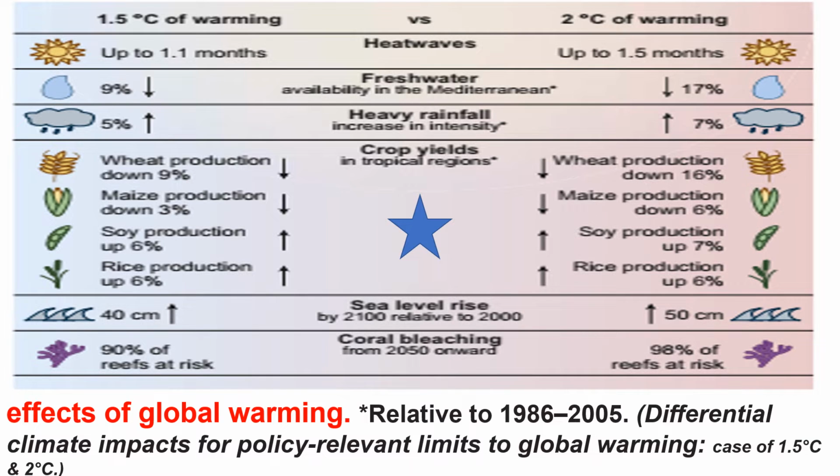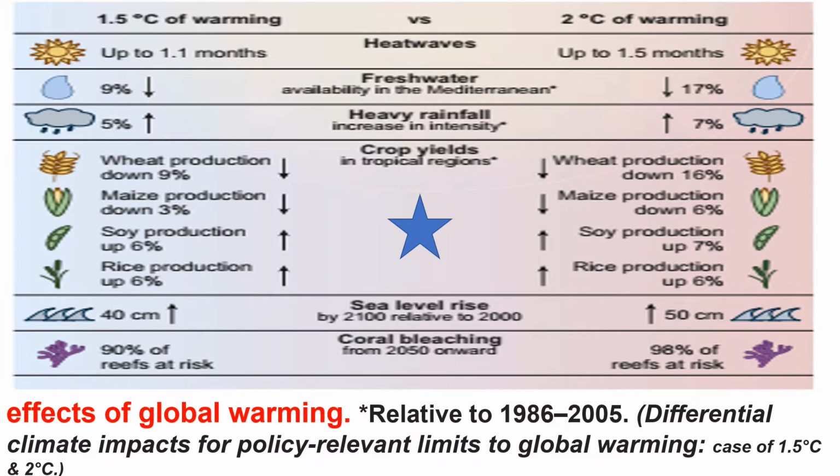This table is also very important. It shows, by the year 2050, if the temperature increased by 1.5 degrees centigrade or 2 degrees centigrade, what would happen?